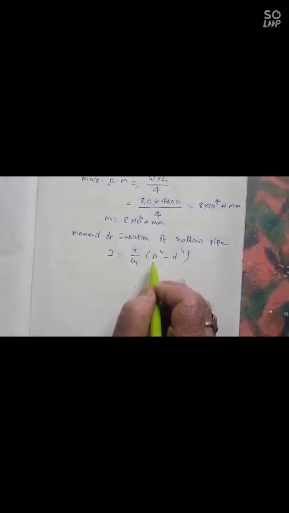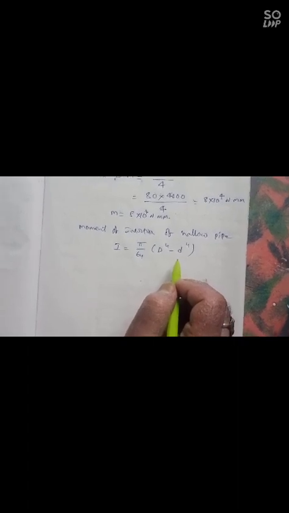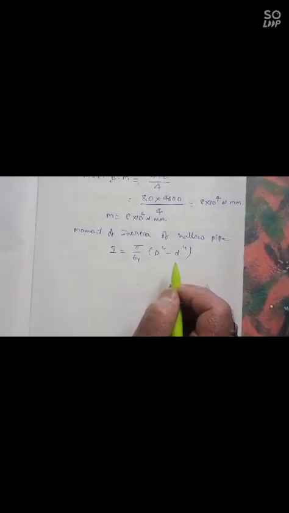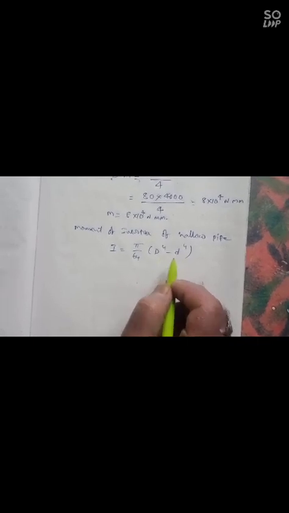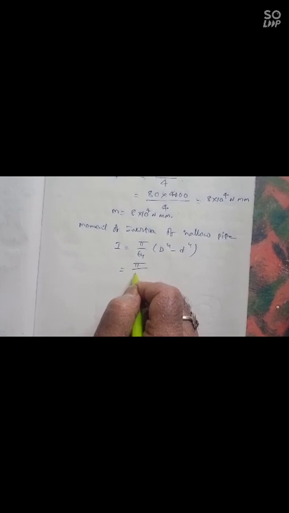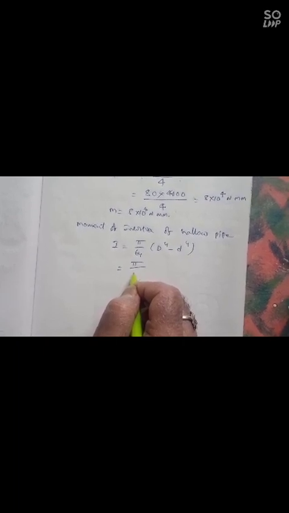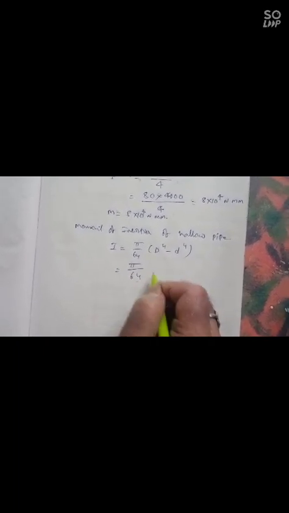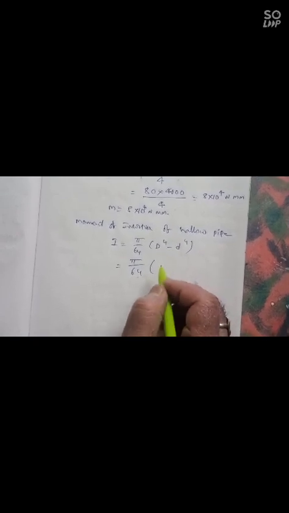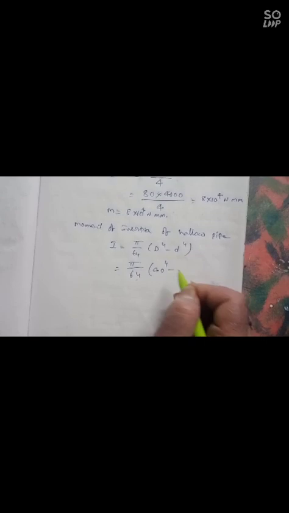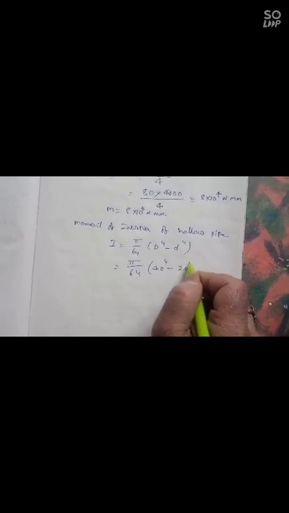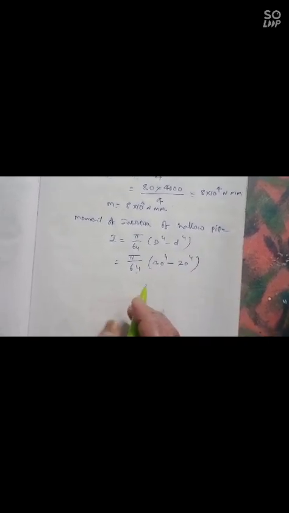Capital D is external diameter and small d is internal diameter, which is equal to pi upon 64 into 40 mm to the power of 4 minus 20 mm to the power of 4.